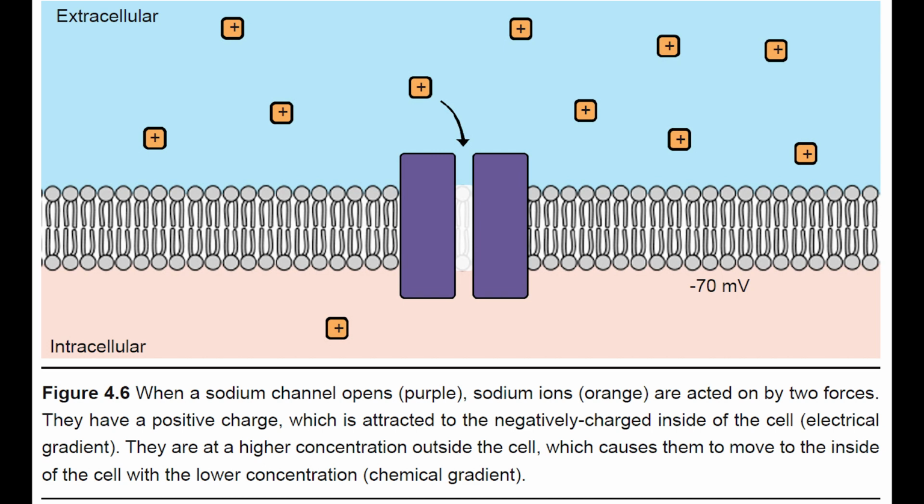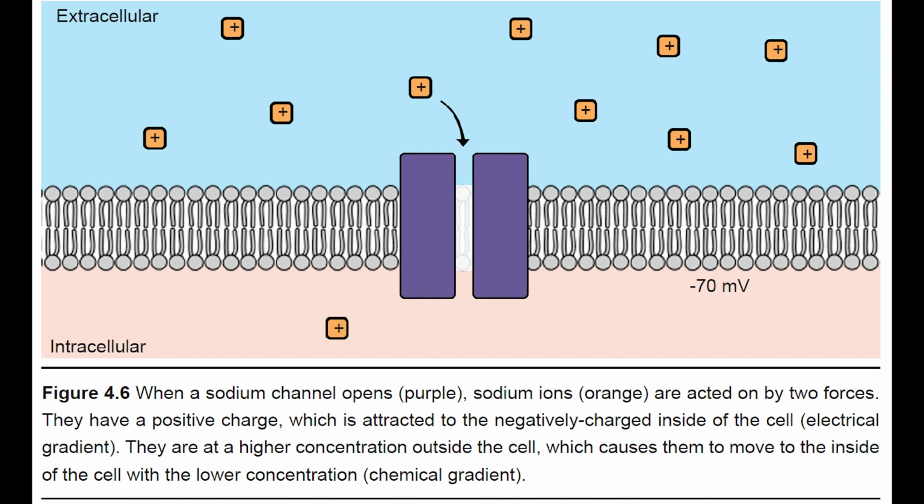Consider the positively charged ion sodium. Because it has a positive charge, it is electrically attracted to the inside of the cell, which has a negative charge at rest. Therefore, when a sodium permeable ion channel opens, and sodium is now able to pass across the cell membrane, the electrical gradient causes the sodium to move into the cell.